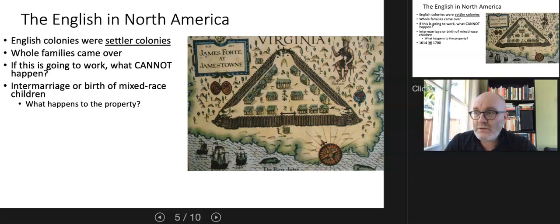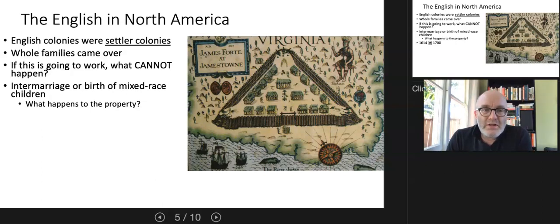And this is a question from English common law about inheritance. If an English man with, say, a lot of property and one daughter from an English woman has a child with a Native American woman, and that child is also a son, what happens to the property? Right? That's the firstborn son. Does that person inherit the property?